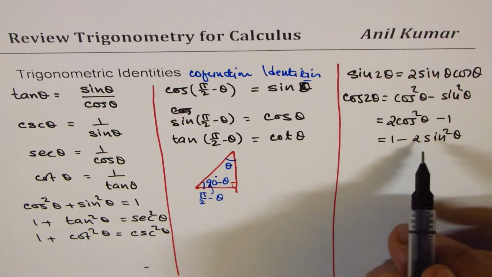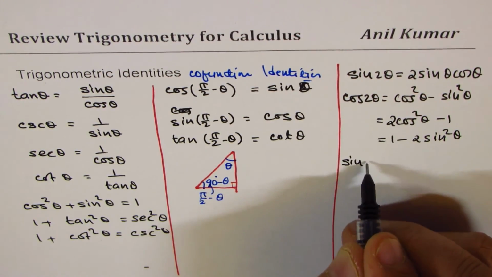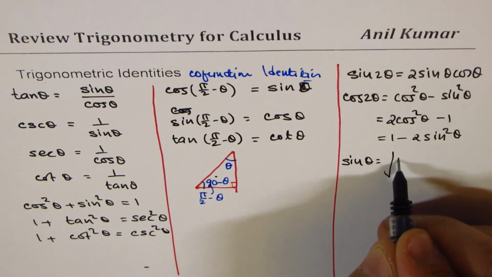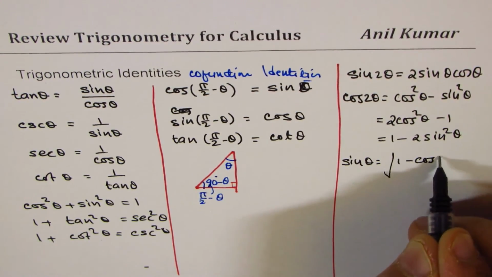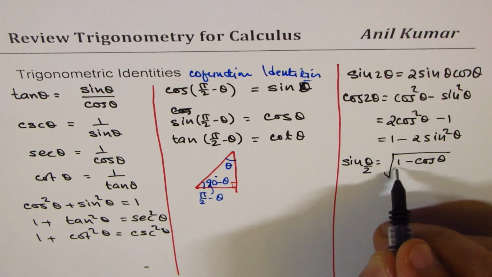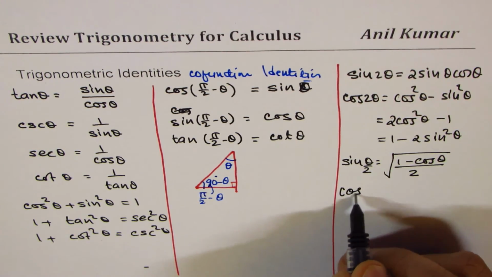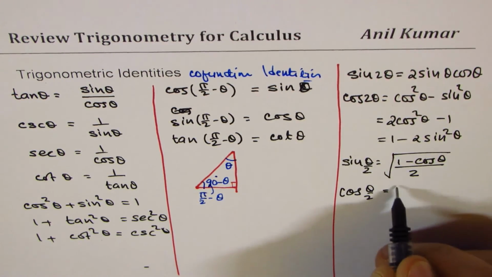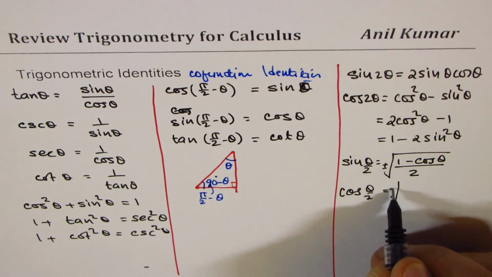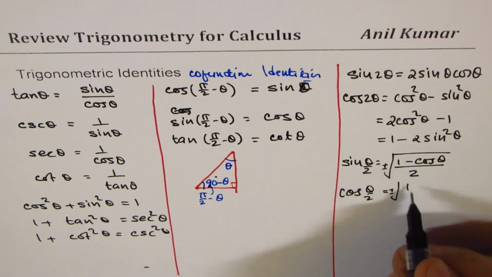And when we converted them to half angle, we found that sine theta by 2 can be written as plus or minus, of course, square root of 1 minus cos theta over 2, and cos theta by 2 can be written as plus or minus square root of 1 plus cos theta over 2, right? Now it really depends in which quadrant the angle is, then you have to choose the sign.